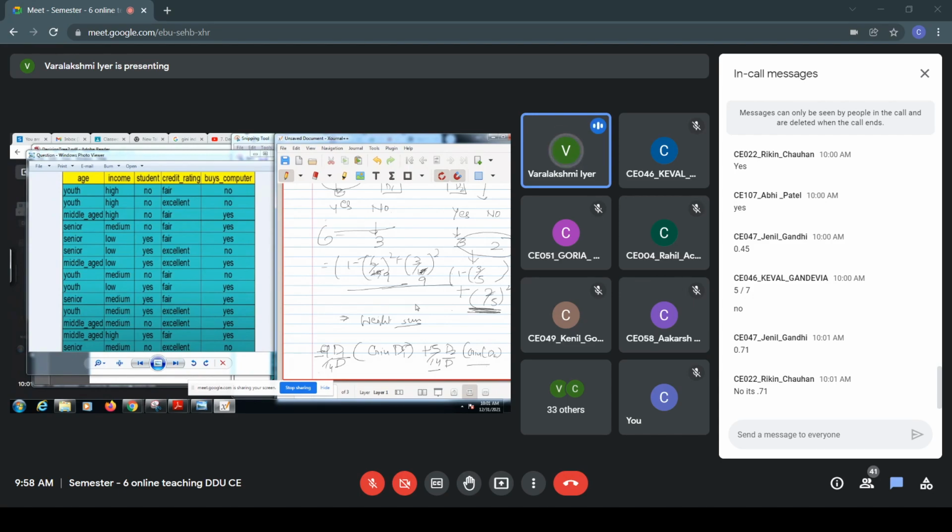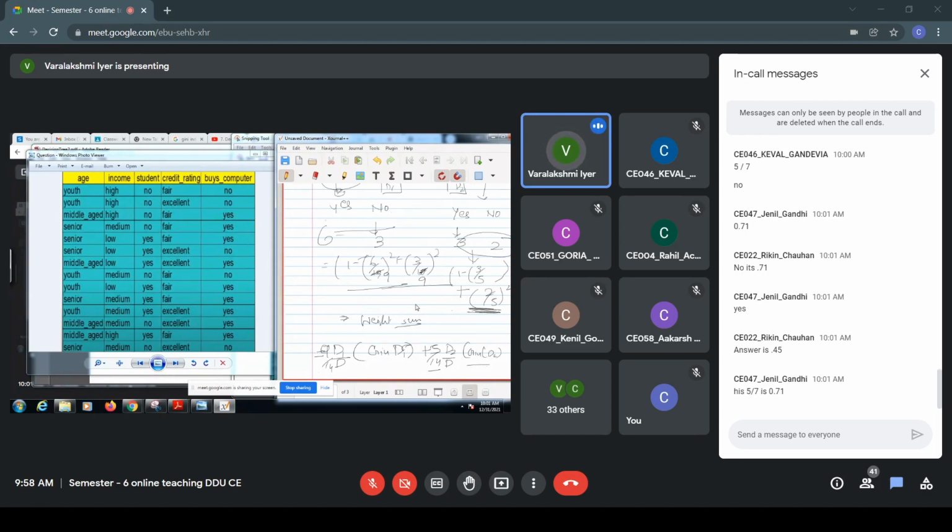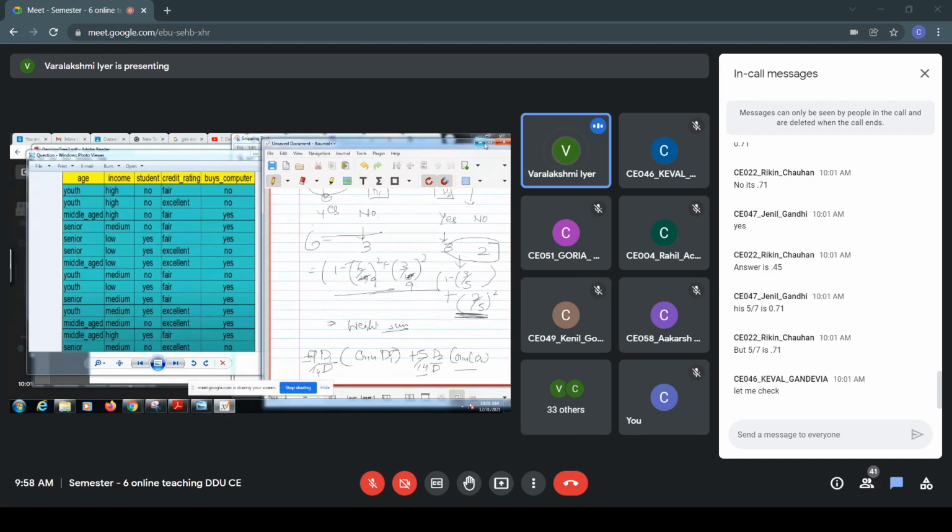No, 0.45 was correct, I think. Yes, for age, splitting on 5 by 7 is 0.71, right? But check for this, Keval, there must be some small mistake. Just be sure that you are doing the appropriate calculation. So for youth and middle age and senior, the value is 0.45.